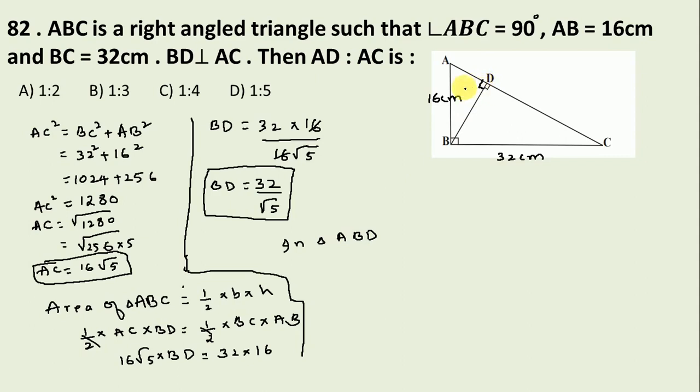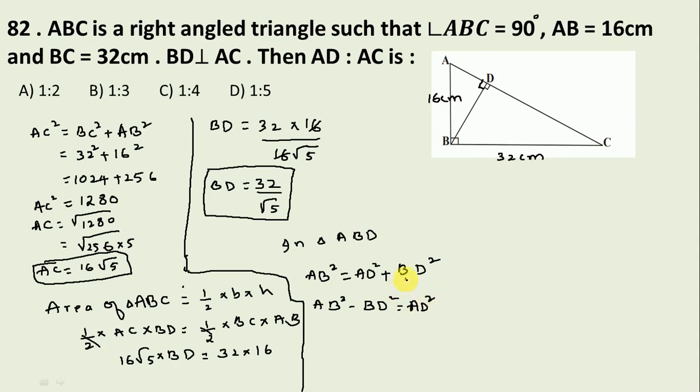First we write the hypotenuse, that is AB. AB square is equal to the other two sides, AD square plus BD square. Taking BD square to that side, AB square minus BD square is equal to AD square.